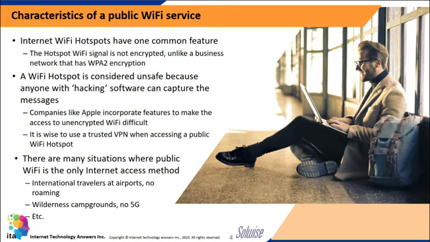But we have to use public Wi-Fi in many situations. If we're traveling, especially internationally, our phones don't have a roaming service, so Wi-Fi is the only option available. I find that in wilderness campgrounds, locations way outside the coverage of 5G towers, there's still a lot of places, even in the UK.